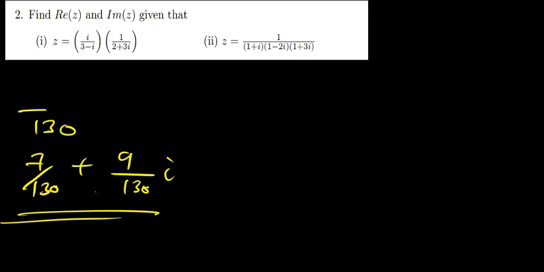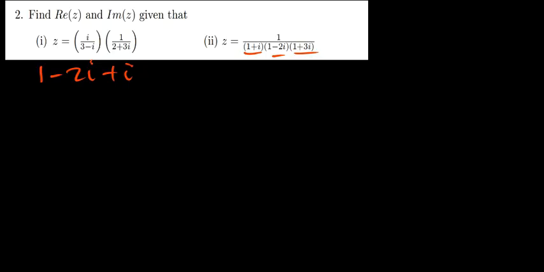We go to the second part now. So the second part is z is equal to this. The best thing to do is I'll first multiply this by that, then I'll come ahead and also multiply it by the third one. So 1 times 1 is going to give me 1. 1 times negative 2i, negative 2i. i times 1 is plus i, then i times negative 2i, negative 2i squared.